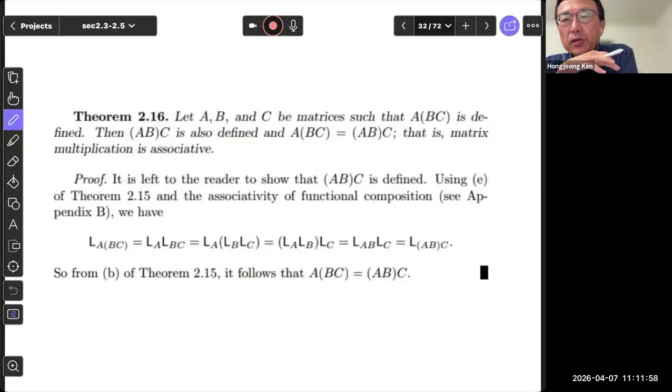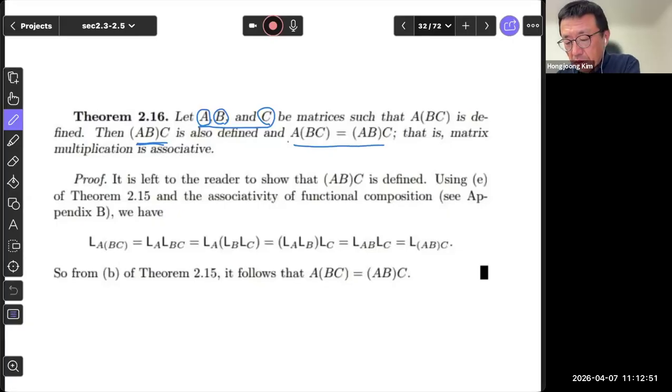And matrix multiplication we defined is associative, meaning given three matrices whose sizes allow this multiplication in this order, meaning the number of columns in the A matrix matches the number of rows in the B matrix, and the number of columns in the B matrix matches the number of rows in the C matrix, so that I can multiply A times B and then multiply the C matrix later, that will be the same as this one.